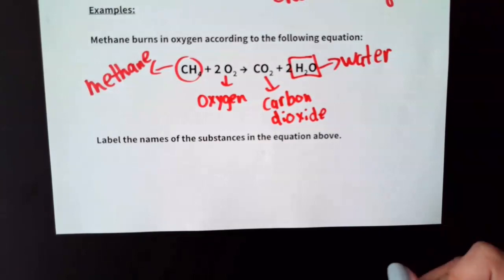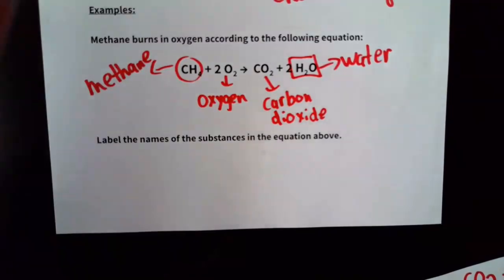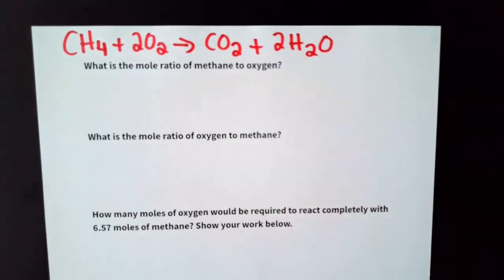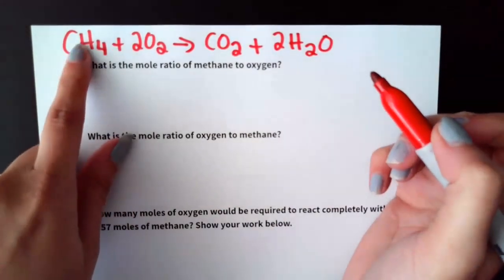So what we're going to do next is we're going to write down some mole ratios. Alright, so I just rewrote down my equation here. What is the mole ratio of methane to oxygen? So remember, this is methane.